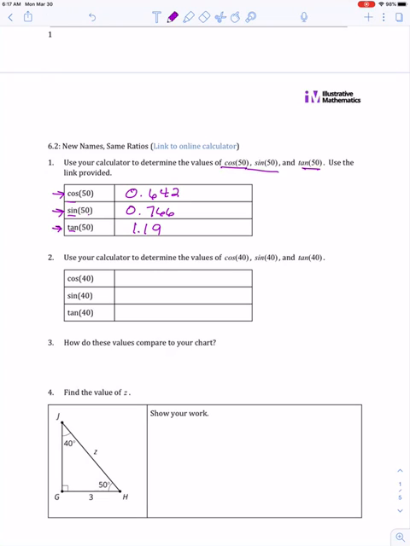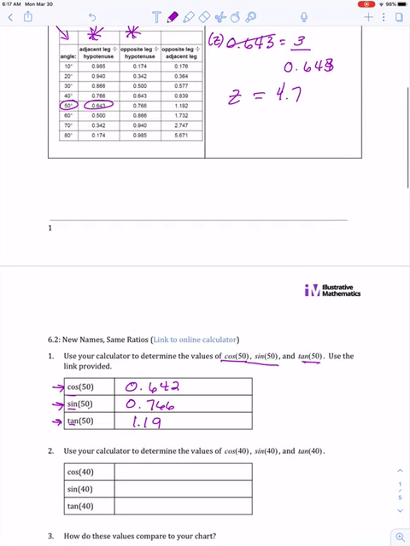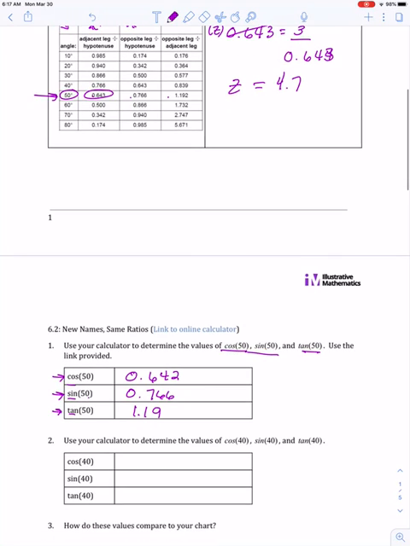Now, what I really wanted you to look at was, once you get these values, if you scroll back up here and look at your 50, then you're getting these same measurements. So if you notice then, this correlates to the adjacent hypotenuse column.